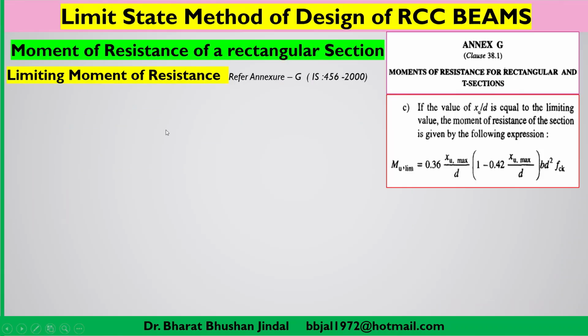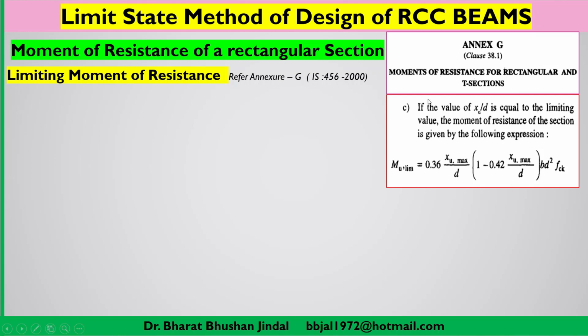Earlier in singly reinforced section we have studied in detail the guidelines in Annex G regarding the moment of resistance of a rectangular section, and we were able to calculate the limiting moment of resistance by referring to various formulas given in Annex G of IS 456.